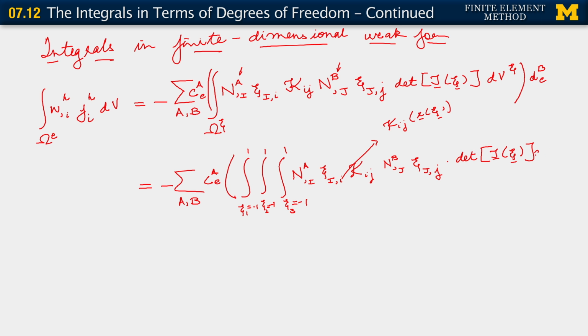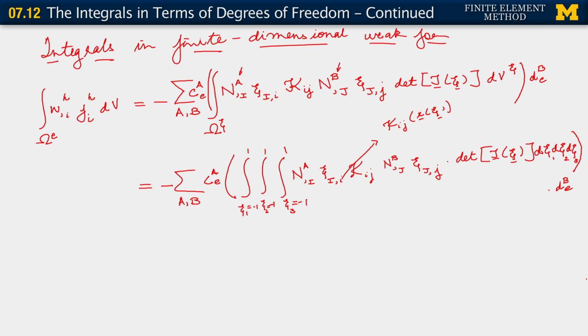Okay, and this again is an integral over Xi1, Xi2, Xi3. We close our parentheses, right, and all of this is multiplying dB element E.